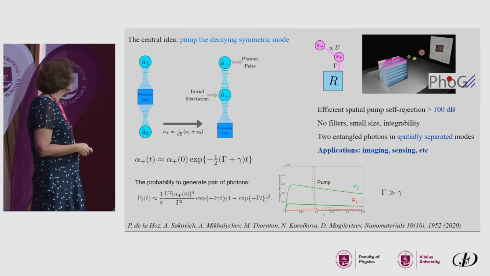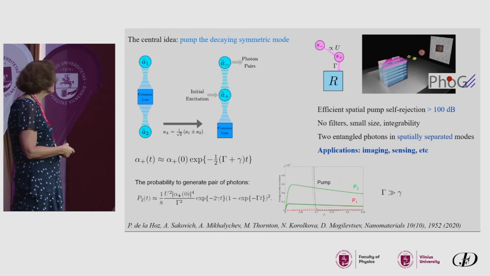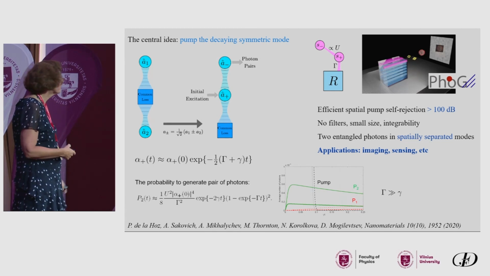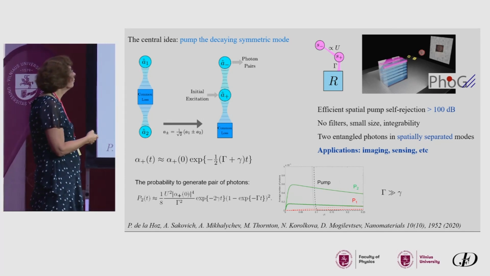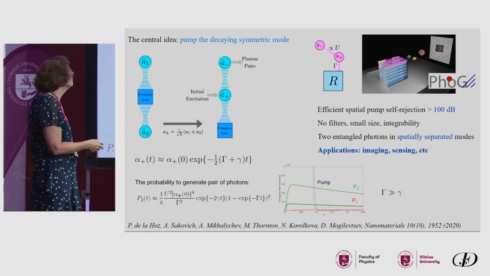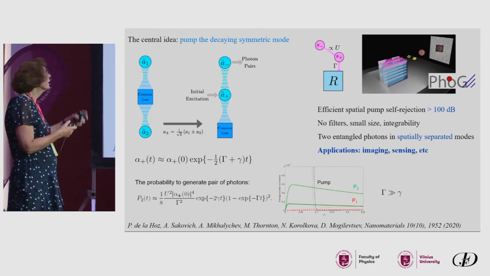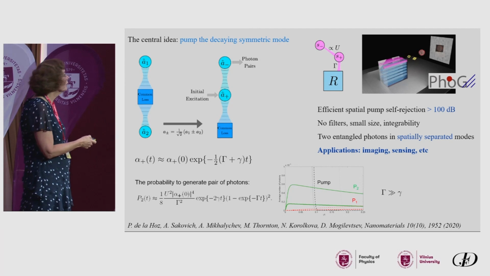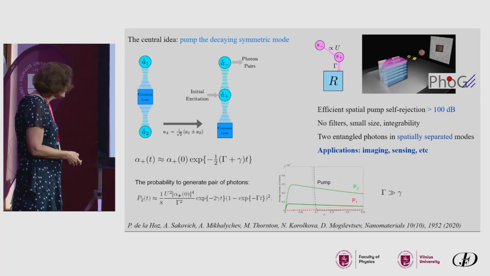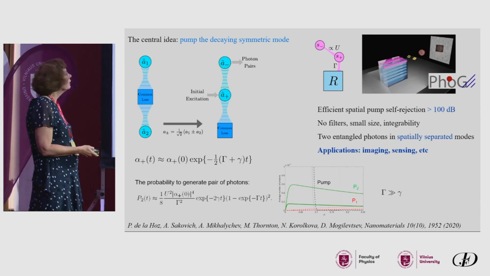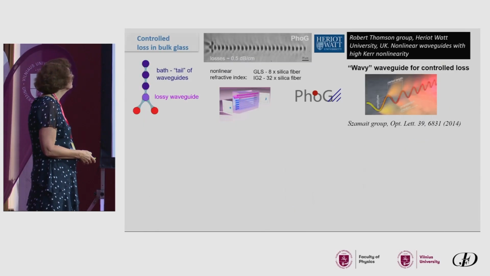So, of course, it's a probabilistic process, but it's actually with quite good probability. We have calculated it, and you have efficient spatial pump self-rejection of around 100 decibel. You don't need filters. You have small size, integrability, and you have these two photons in spatially separated modes. These are the quantum effects, the quantum states which you can get out of this system.